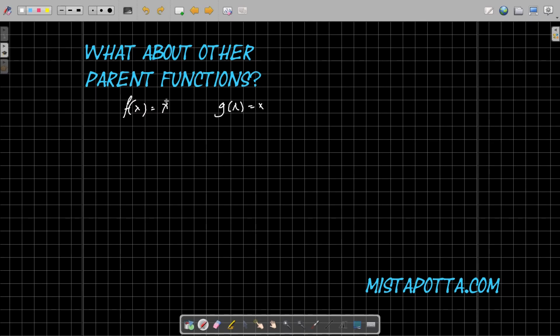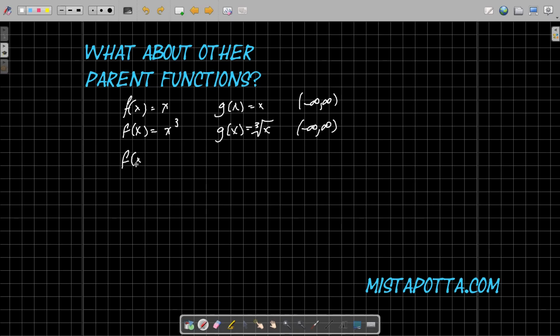And similarly, if I take x and substitute it into x, I get x. If f of x is x cubed, then what undoes cubing something would be taking the cube root. And because the domain of both of these functions are all reals, then we're good. This is going from negative infinity to infinity, as was the previous restriction.